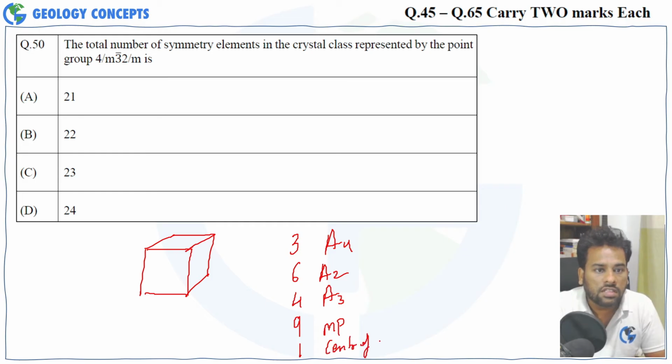These are the total symmetry elements present. If I add it, this is 10, this is 10, and this is 3, so it is 23. 10 plus 10 plus 3. So C is the correct option here.